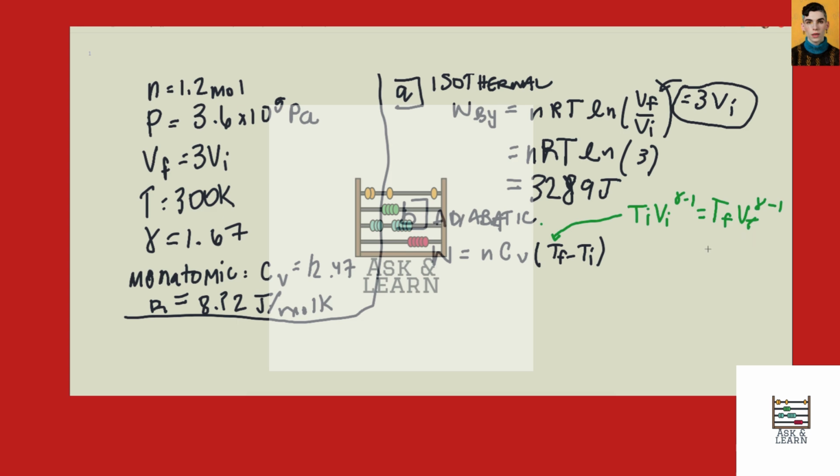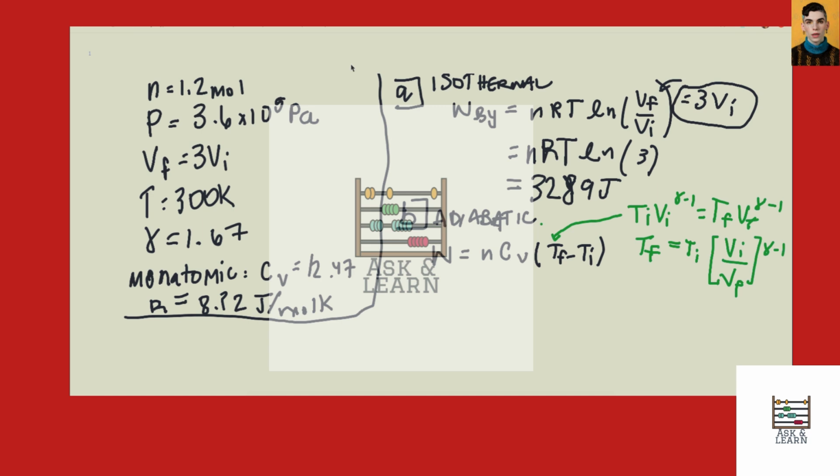With some algebra, and remembering our good old exponent rules, you get T final equals T initial times V initial over V final, to the gamma minus 1.